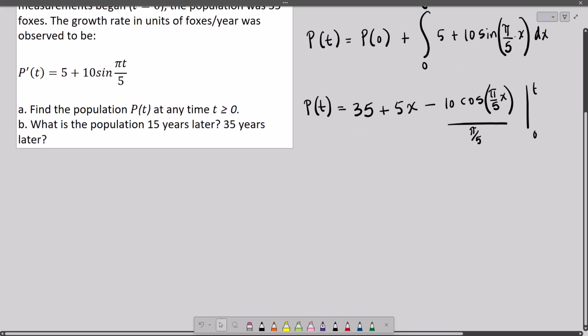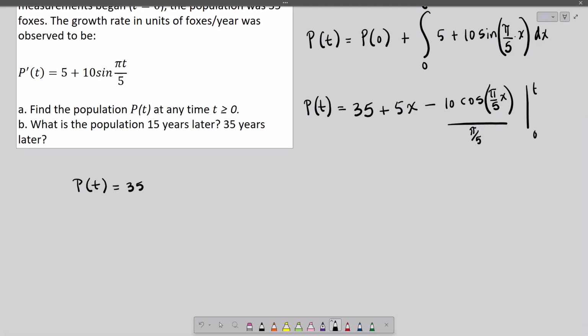All right. So our P of t, if we simplify this, we're going to have 35 plus, t goes in, and once again, the antiderivative is all of that.